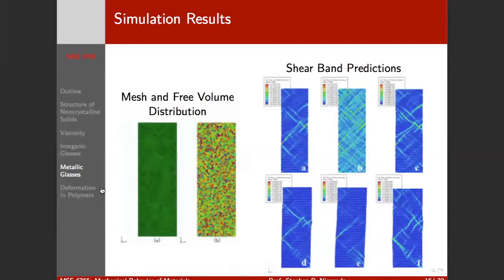So these are some finite element predictions, right? If we have an initially random sort of free volume fluctuation, and these are pulled, you see very rapidly, shear doesn't happen globally, right?